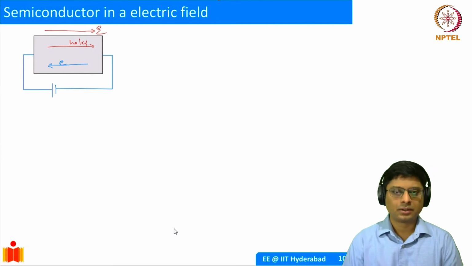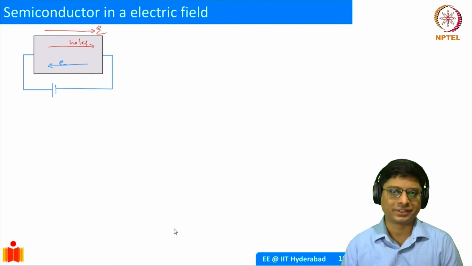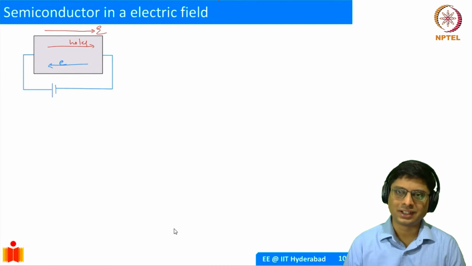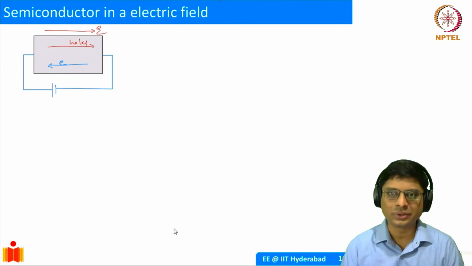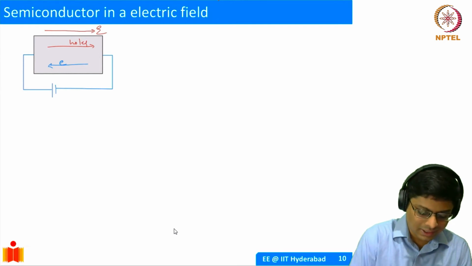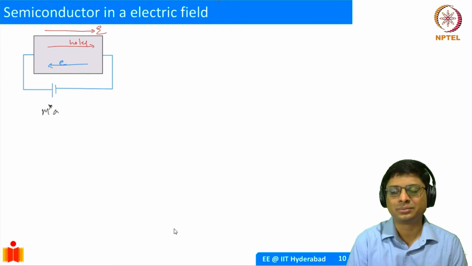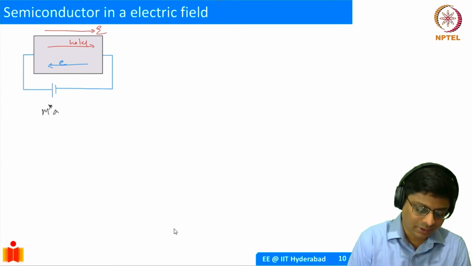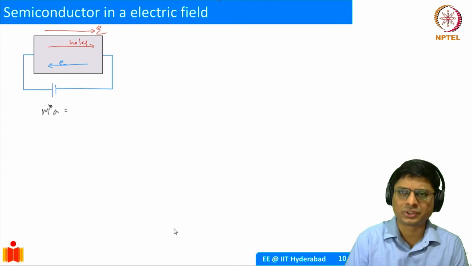But what is the acceleration? We talked about the velocity. What is the acceleration? Which way are they moving? Are they going to accelerate? Well, of course they're going to accelerate, right? Because we know from Newton's law that m a, or you take m star because it's the effective mass you have to take, not the real mass. Effective mass m into a is going to be what? The applied force, external force.